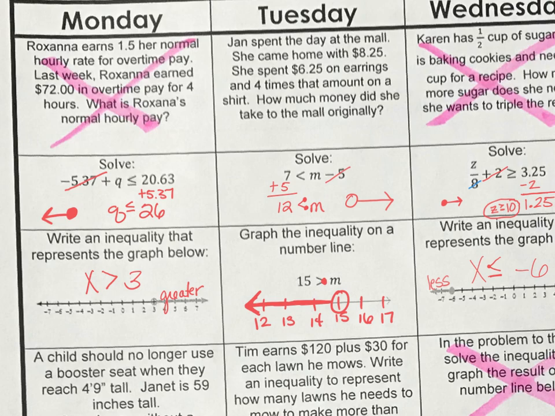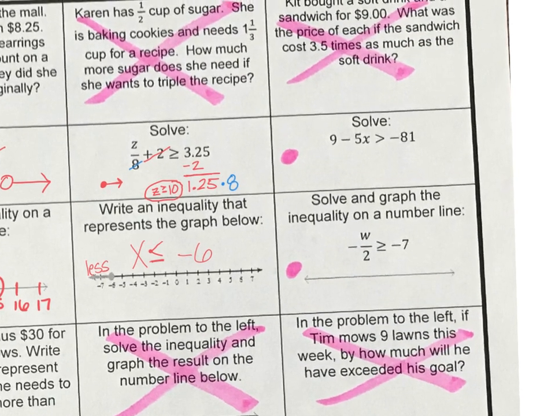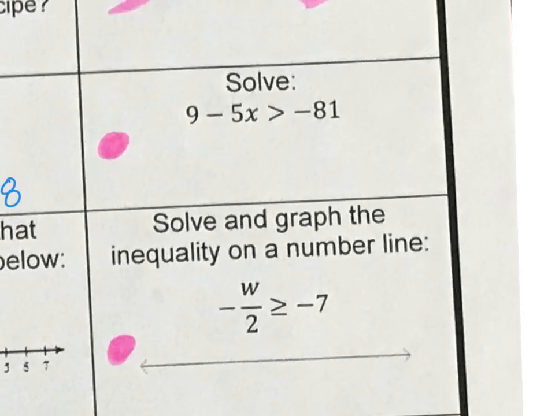And that is true except on these two problems. Now, what is different about these two problems is that x has a negative number with it. Okay? When x has a negative number with it, it messes everything up. So I'm going to put a star beside them. When x has a negative number, I always put a star beside it.